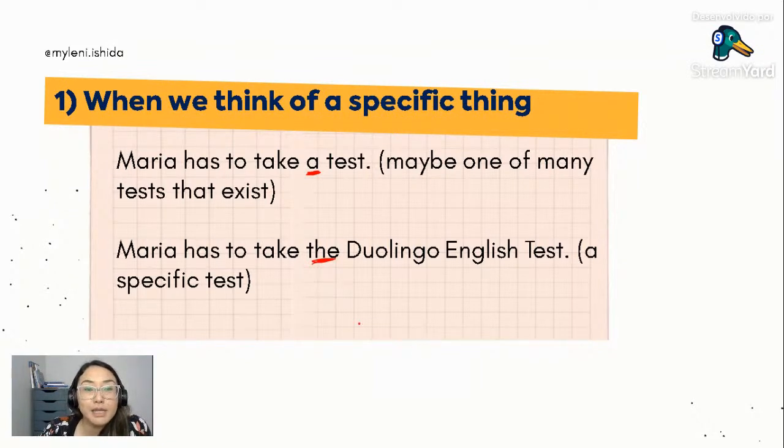It's something that is specific. So the first situation in which we have to use the is when it's something specific. Okay? A test is any test. The Duolingo English test is a specific test. Okay. Let's take a look here.